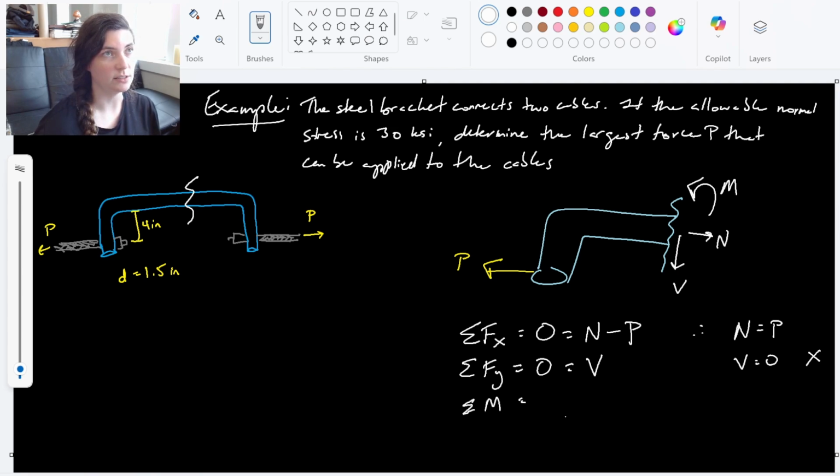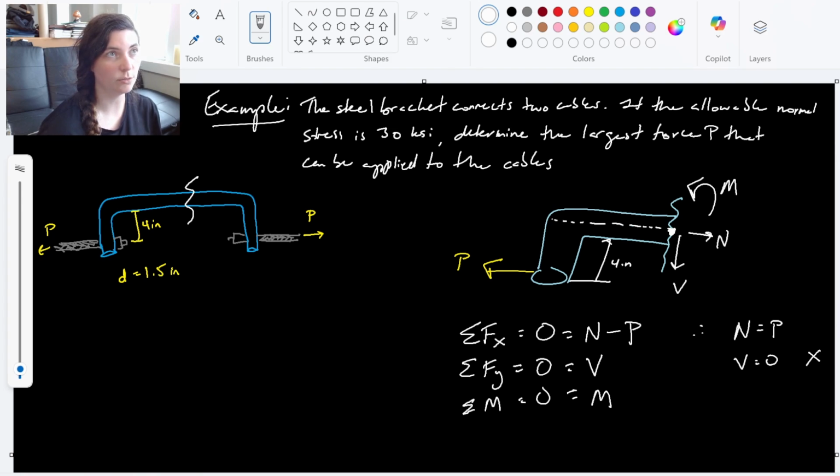And then our last one is the sum of the moments about this point. That is going to be our moment about this point, and our P force is also creating a moment. So the distance from this P force to where we're looking, cut through the middle, let's just say it's in the very center of our rod. It said that this distance was 4 inches, but if I'm looking at the very center of my rod, I need to remember that this rod has a diameter of 1.5 inches.